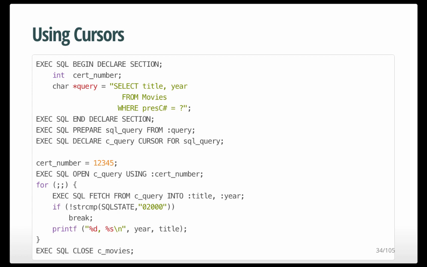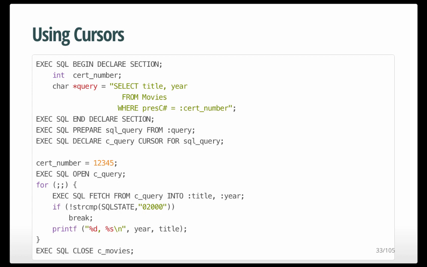What we're saying when we use a question mark there as a token, meaning in place of a constant, is that when we execute this query, we will provide you with the actual literal constant that should be going there. So here, where we say exec SQL open, we say exec SQL open C query using this certificate number. So that's an alternative to actually hard coding cert number in the query.